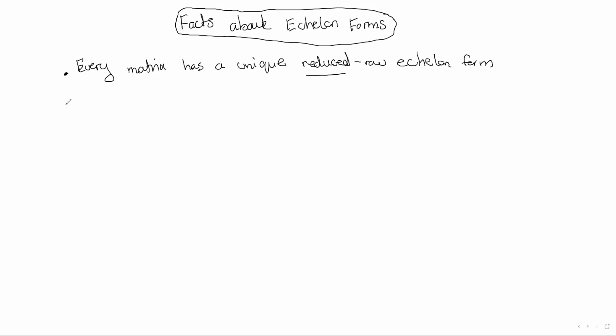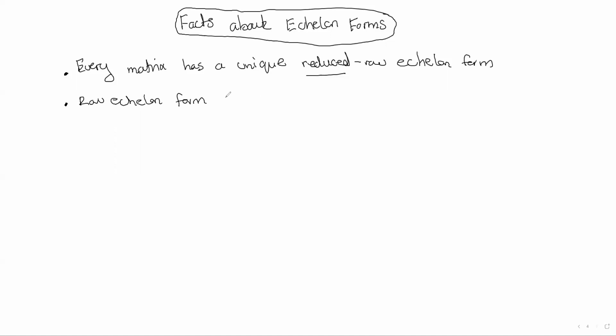But it's not the case for row echelon form. You see, row echelon form doesn't have reduced next to it. It's the one that doesn't have zeros everywhere, only zeros below.